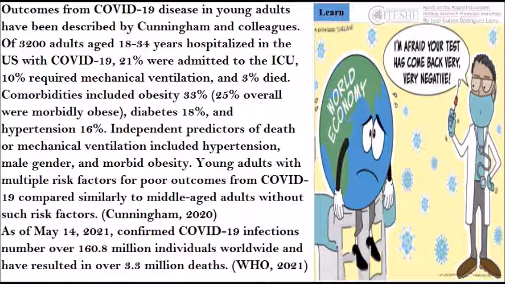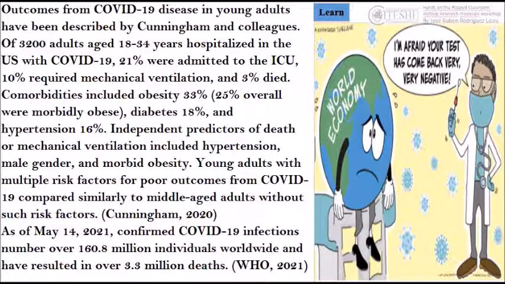Comorbidities included obesity 33%, 25% overall were morbidly obese, diabetes 18%, and hypertension 16%. Independent predictors of death or mechanical ventilation included hypertension, male gender, and morbid obesity. Young adults with multiple risk factors for poor outcomes from COVID-19 compared similarly to middle-aged adults without such risk factors.